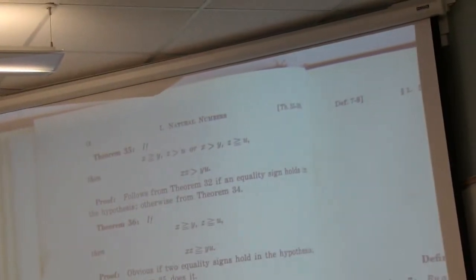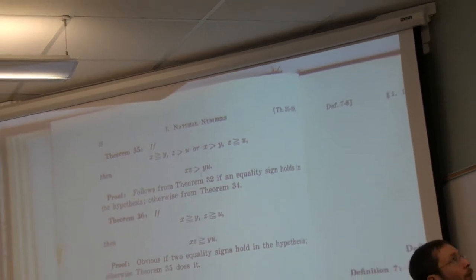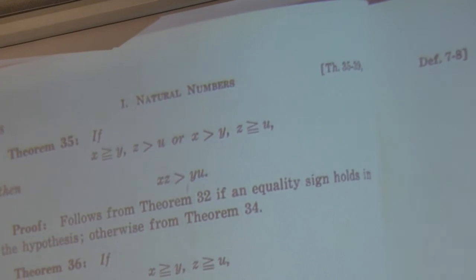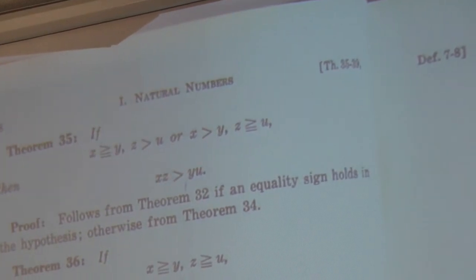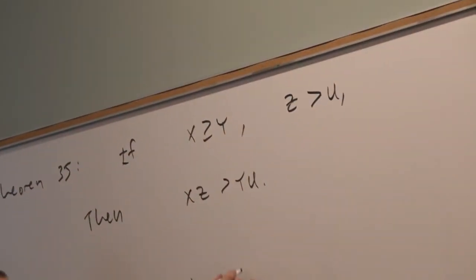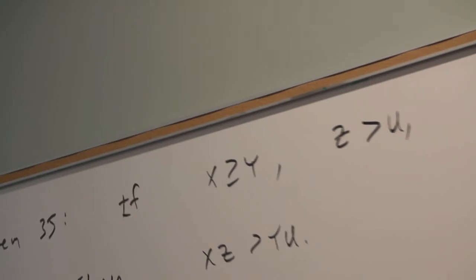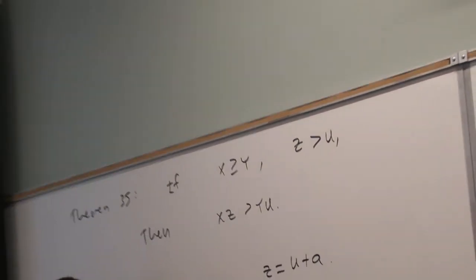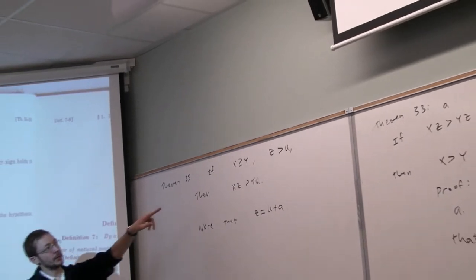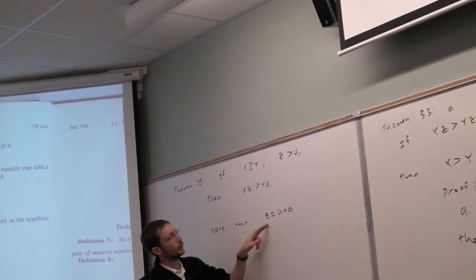So all we're going to do is write xz in terms of these inequalities here, okay? So we note that z is certainly equal to u plus a, because we have that strict inequality that says that to get to z from u, you need to add something.